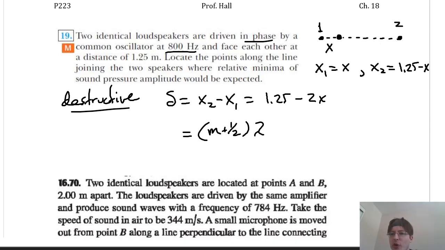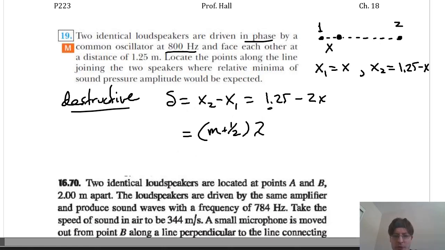So what we have to do is just start plugging in values for m and see what we can find. I'll start at m equals 0 and see what values of x I find.